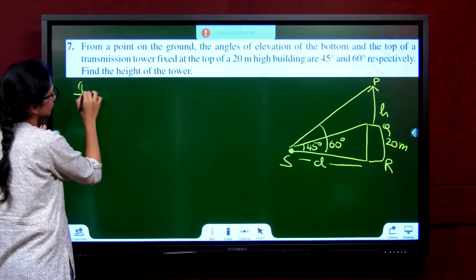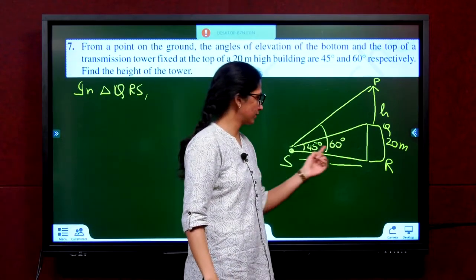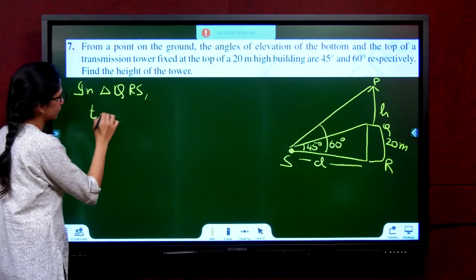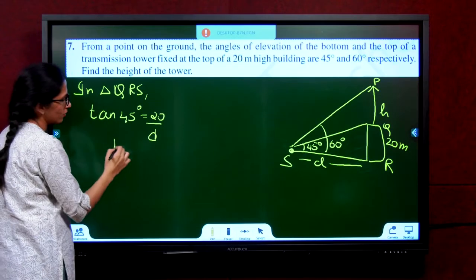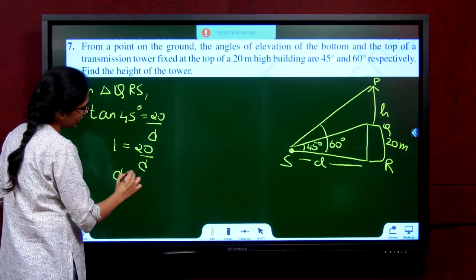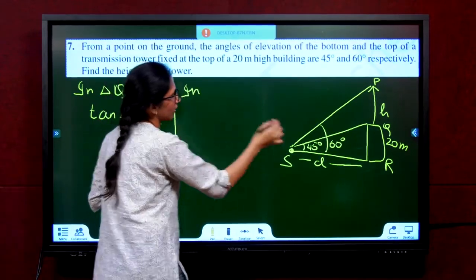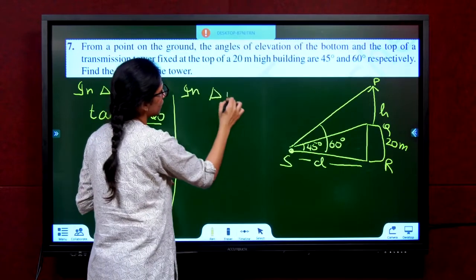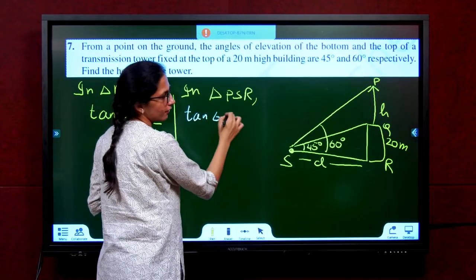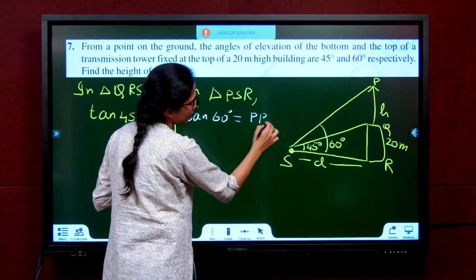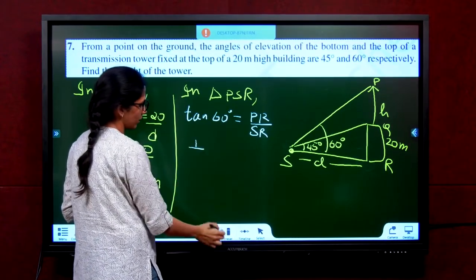In triangle QRS, tan 45 is equal to 20 by D. 1 is equal to 20 by D. D is equal to 20 meters. But I don't want D, I want H. Next, in the bigger triangle PSR, tan 60 degree is equal to PR by SR. Tan 60 degree is root 3.